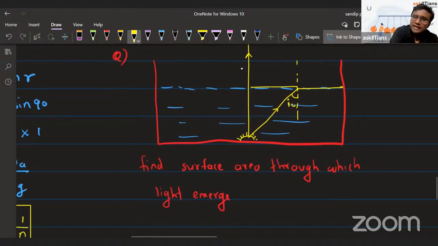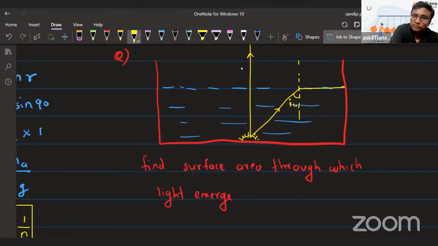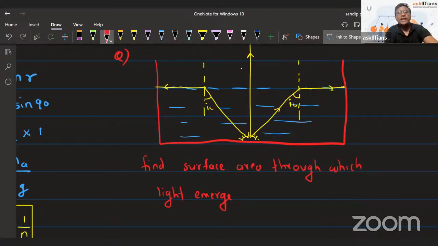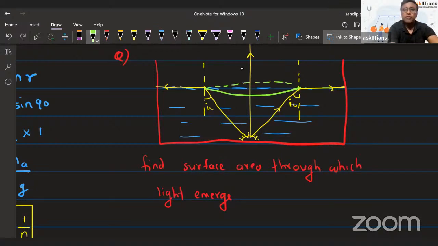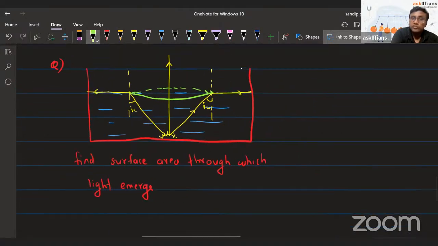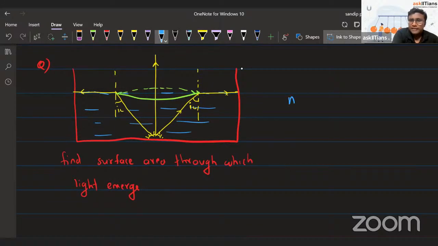Same here, the angle will be IC, and the light will go along the surface. In 2D it looks like this; in 3D it will be like a cone, and the top portion will be a circular portion. They are asking the area, so if you can find the radius, the area is pi r squared.